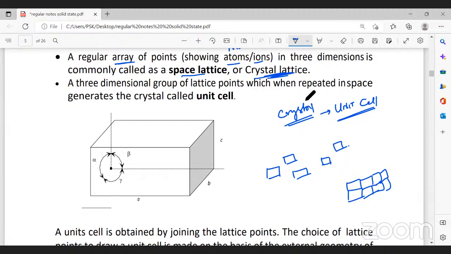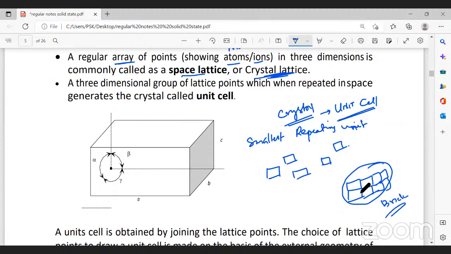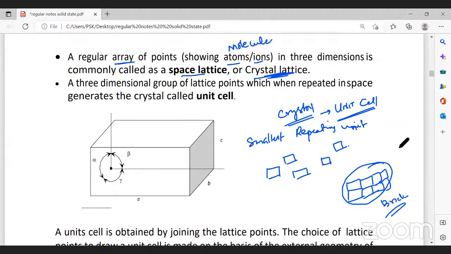The smallest repeating unit in a crystal is called a unit cell. Now, in order to construct a wall, what is the smallest repeating unit here? A brick. So when bricks are placed in order repeatedly, you get a wall.